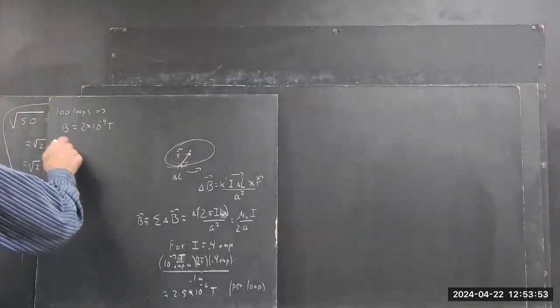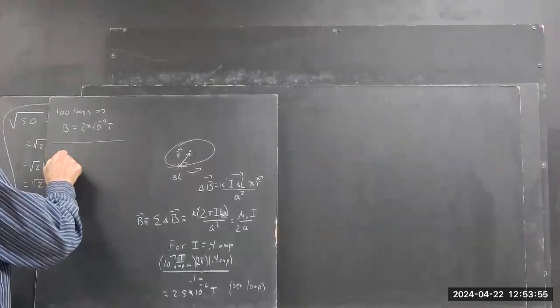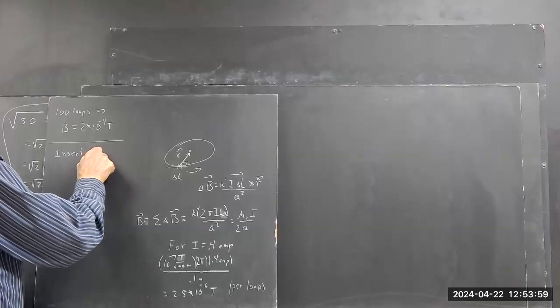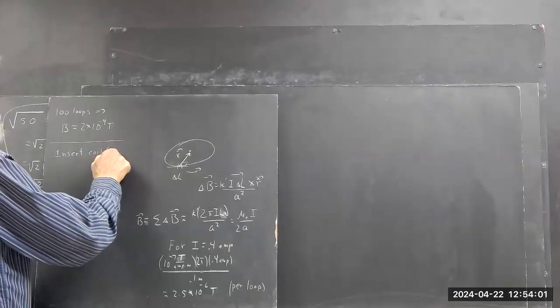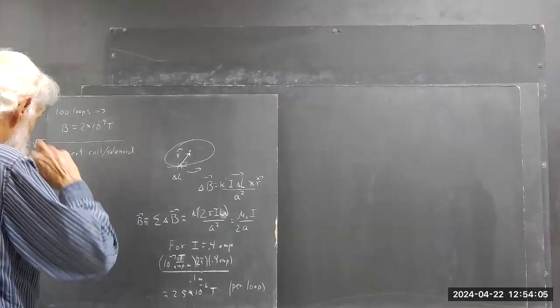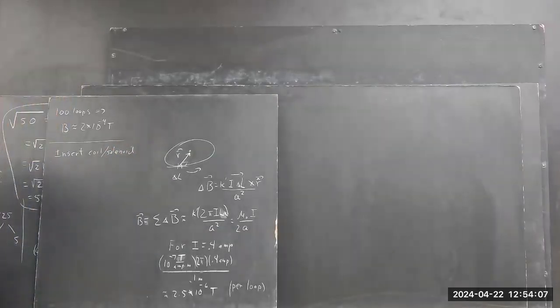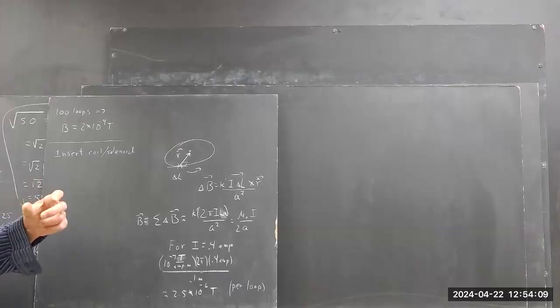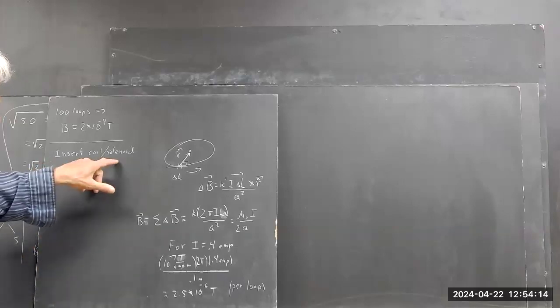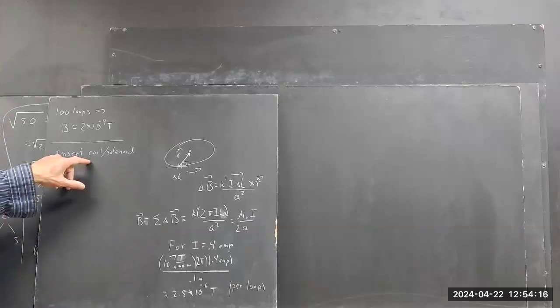So something like a coil or a solenoid. Can't really treat it as a solenoid because it's not quite long enough, and you get a lot of edge effect, but you'd still get a decent approximation.